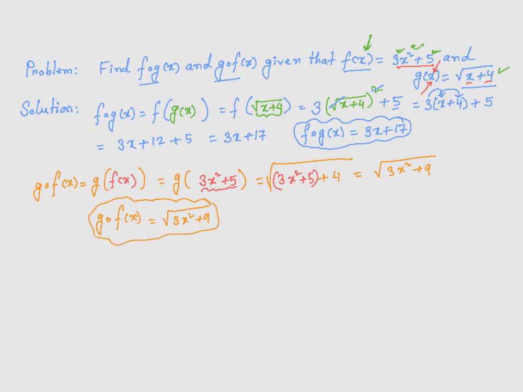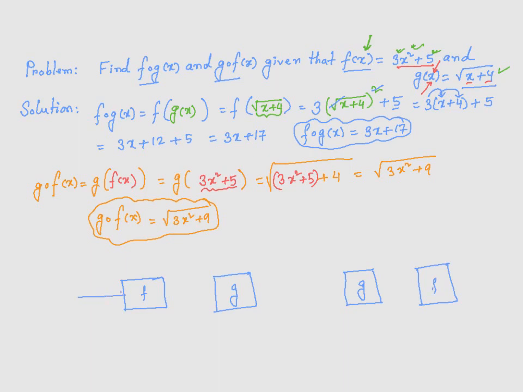Now let me give you a visual representation of what I did here. You have one function f, and the other function g, and then I'm going to create another box here. This time this is g and this is f.